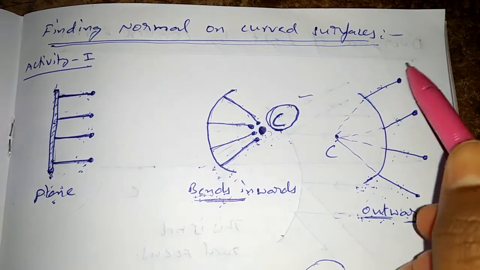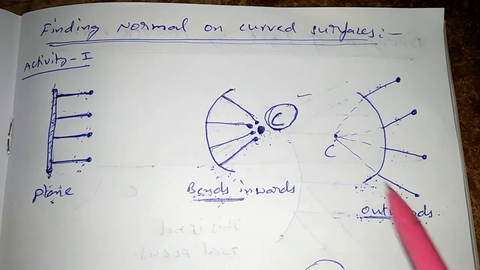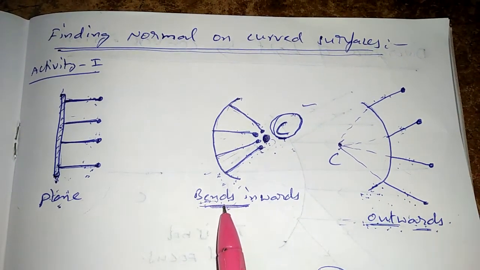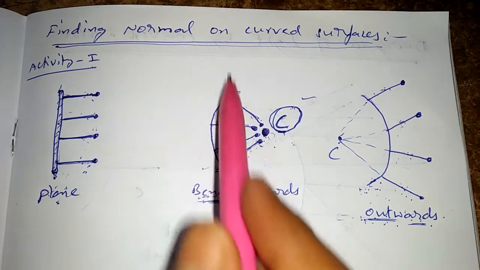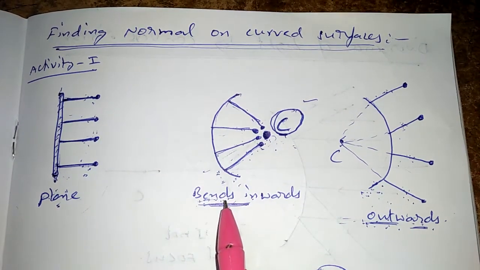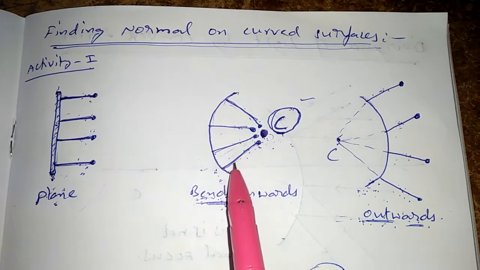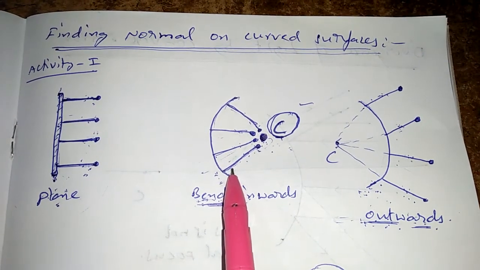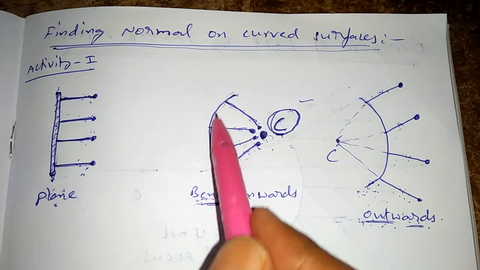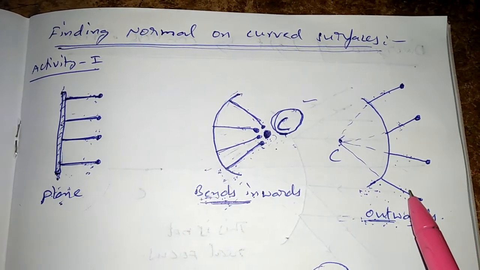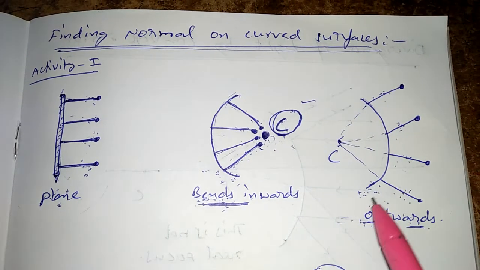Divergence pattern means all the pins are moving away from each other. Like this we can understand the normals for two curved surfaces, concave surface and convex surface. All these pins act as normals for the concave surface, and all these pins act as normals for the convex surface.